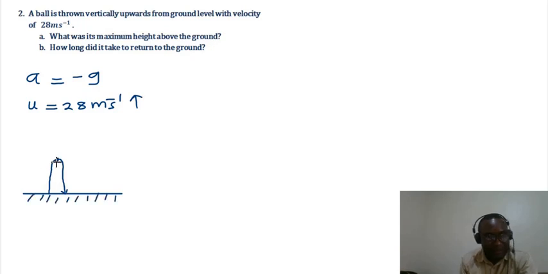They need us to find the maximum height, we can call it h. So how do we find h? We know that at the maximum point, the final velocity is 0 meters per second.